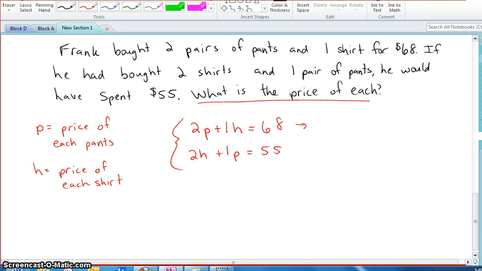Or you could write them like H plus 2P equals 68, and 2H plus P equals 55 if you want. So you solve this system using substitution or elimination. Hopefully you'll get that it's $14 for a shirt and $27 for a pair of pants.